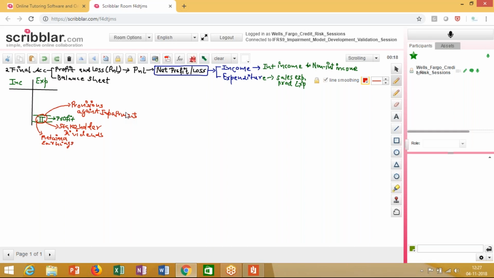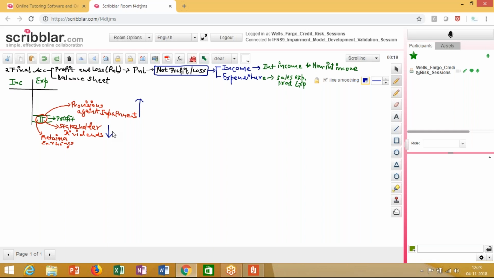Now, on retained earnings, that is totally up to the bank. The bank would say keep aside some amount of money and let the remainder go out as shareholder dividends. However, if you look at provisions against impairments, the larger this component is, the lower the stakeholder dividends.